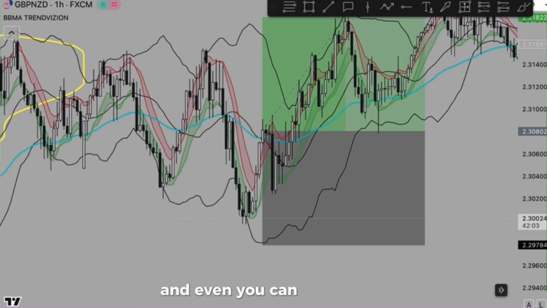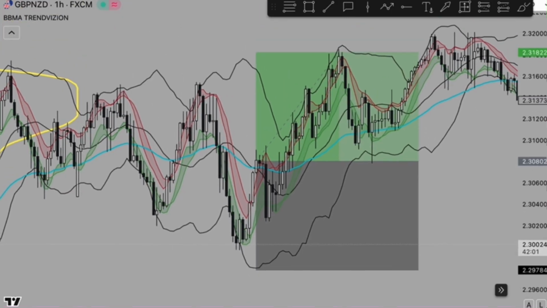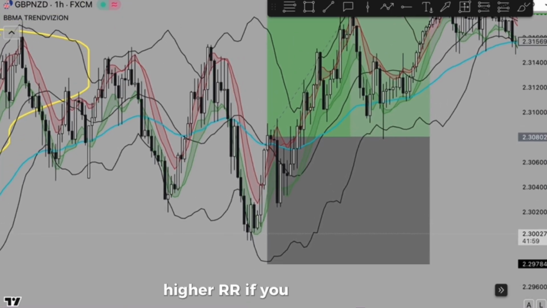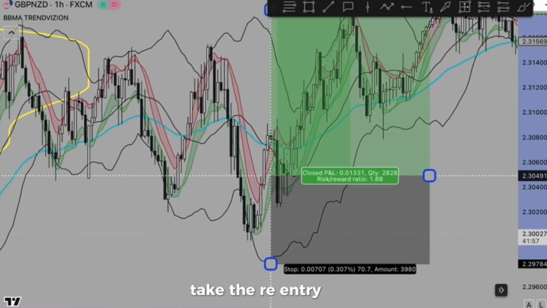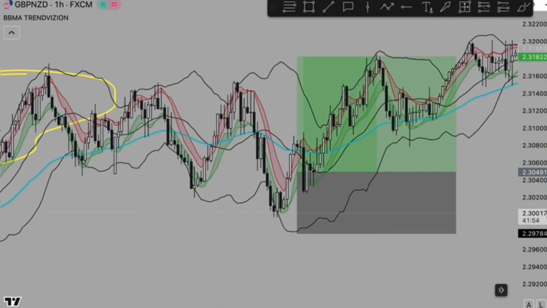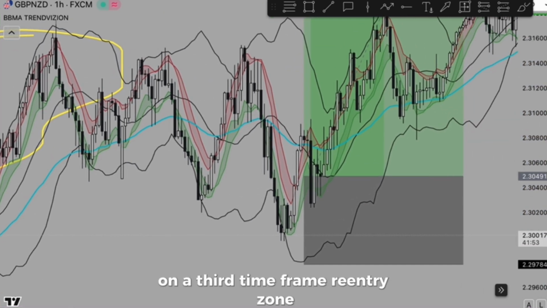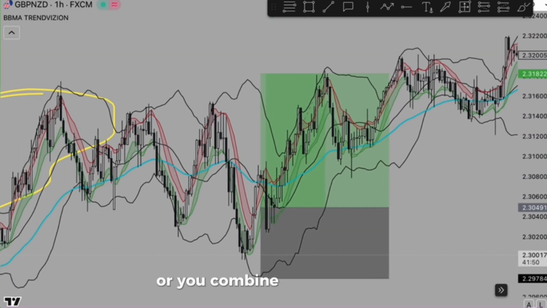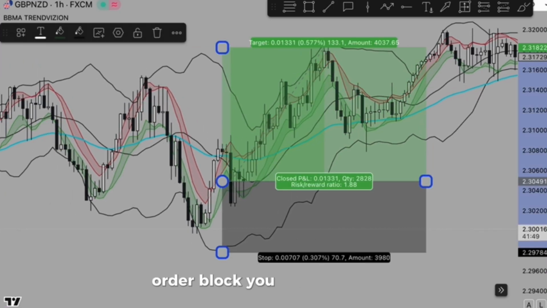And you can even get a higher RR if you, for example, take the re-entry here on the third time frame re-entry zone, or you combine it with, I don't know, an order block, you can refine it to here.